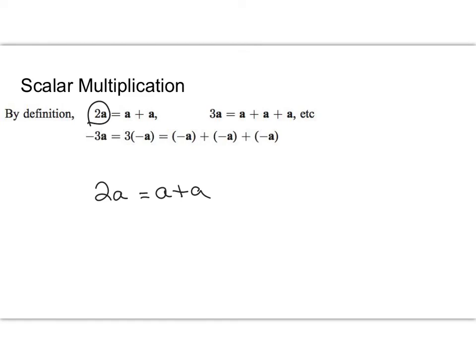And 3a is going to be a plus a plus a, etc. And if I have the scalar -3 times vector a, well, that's like 3 times negative a. So that's negative a plus negative a plus negative a. That gives me -3a.